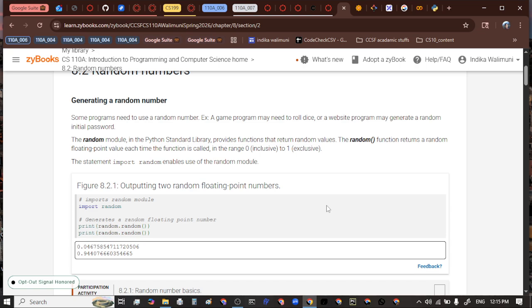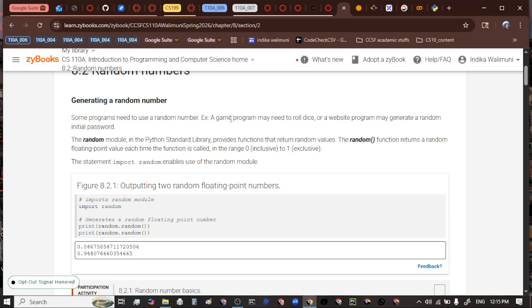So you can see that games are the places where we need random numbers, right? Like a game program, rolling a dice, or a website generating a random password.